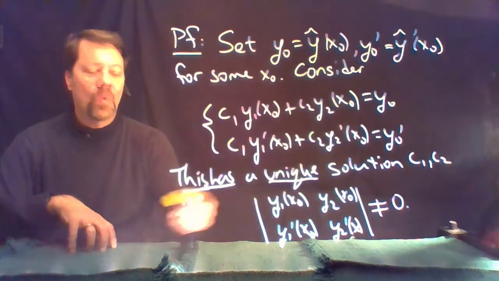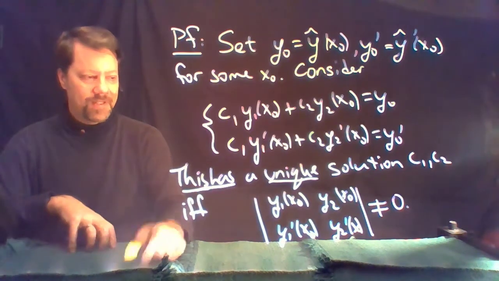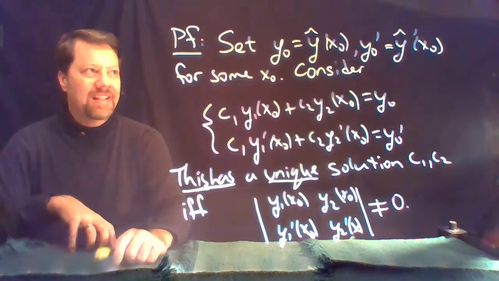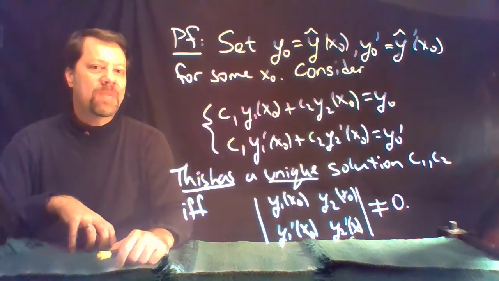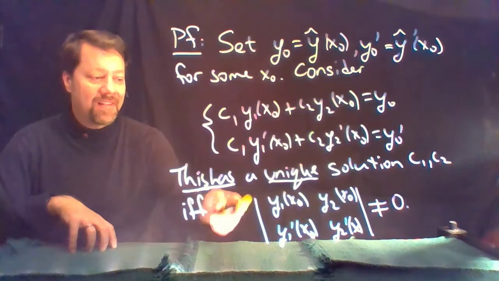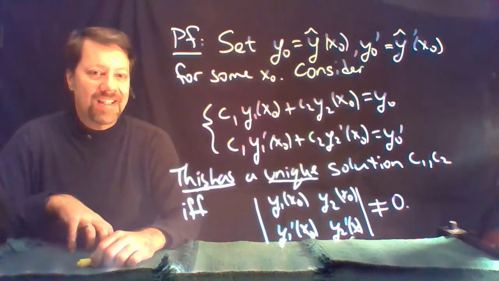But we know the determinant of the coefficient matrix is not 0 because we've assumed that y1 and y2 are linearly independent, which means that their Wronskian is not 0. And the determinant of the coefficient matrix is equal to the Wronskian.